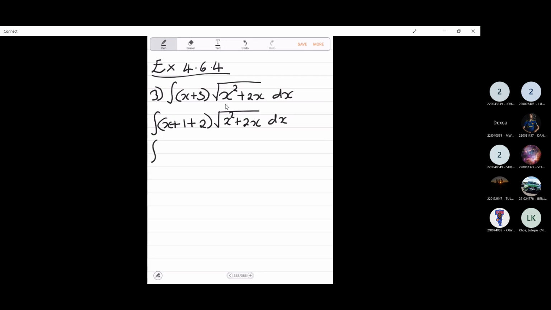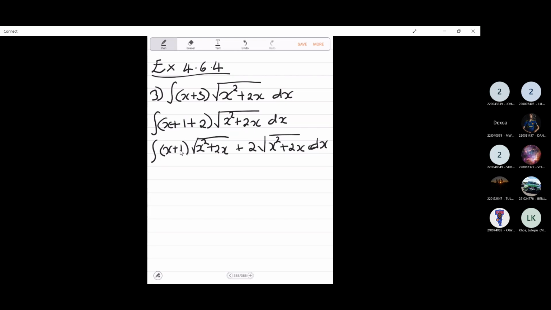Then I split it. We said this one will be x plus 1 over the square root of x squared plus 2x, and then plus 2 times 1 over the square root of x squared plus 2x dx. Okay, so this is what I have to integrate.